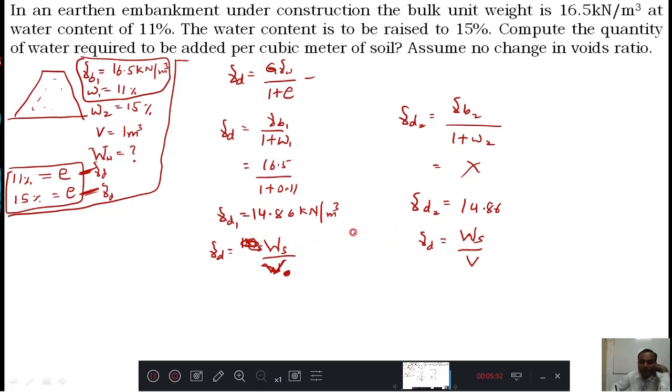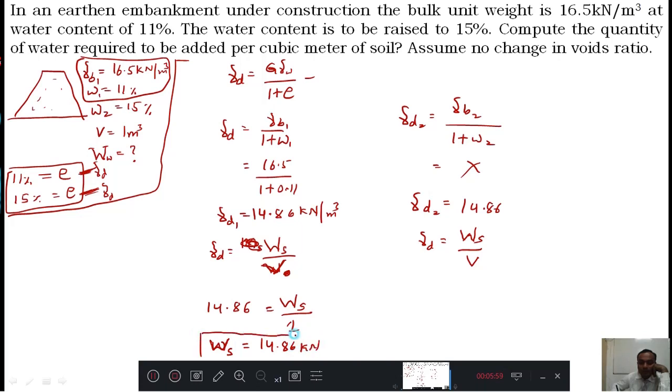Gamma D is 14.86. Weight of solids I don't know, but volume I can consider as 1 meter cube. Therefore, the weight of solids, capital Ws, is equal to 14.86 kilonewton.